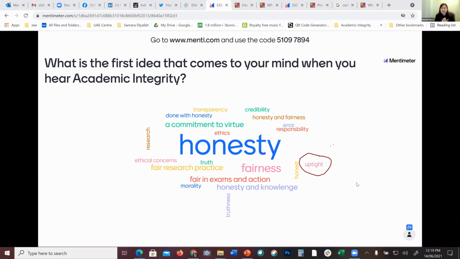I feel that the word honesty could be understood even by people who are outside the academic integrity communities, because it is a word that can be easily understood by anyone. Of course there are many others, but I feel that it represents in a very simple way one of the most important qualities of academic integrity.